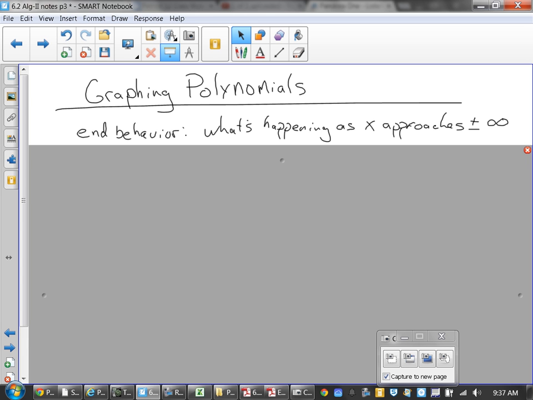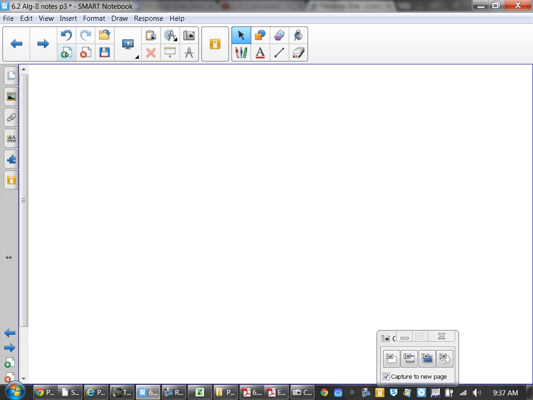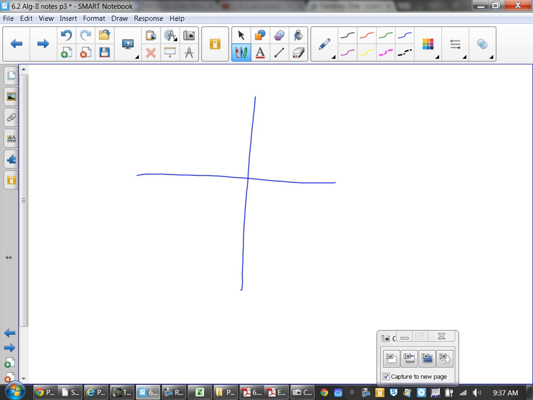For example, if I just have a regular old boring parabola, and I should probably draw it on the smart board so you can see it. If I draw that without giving you any function of it at all, could you tell me a little bit about that?